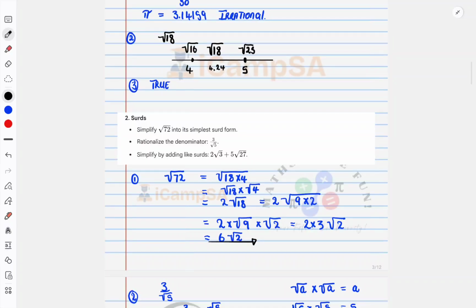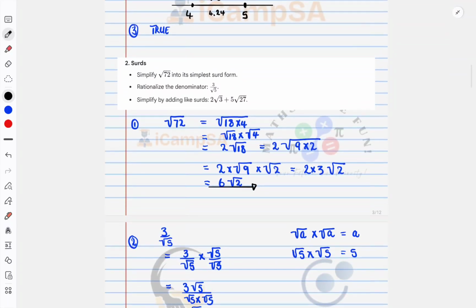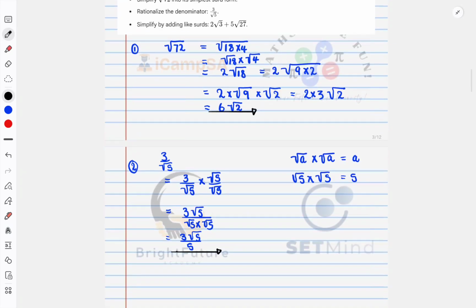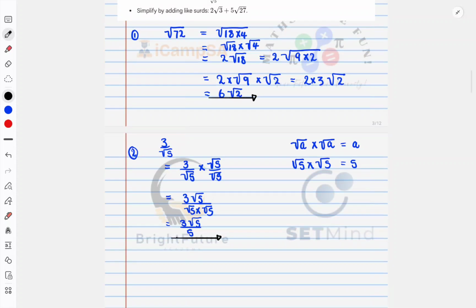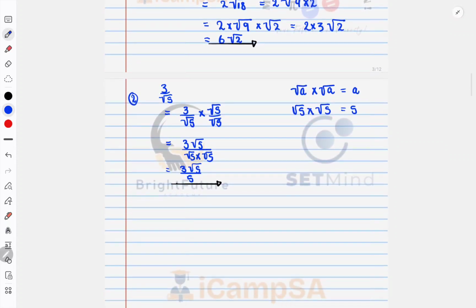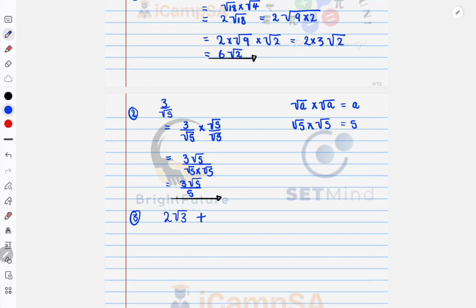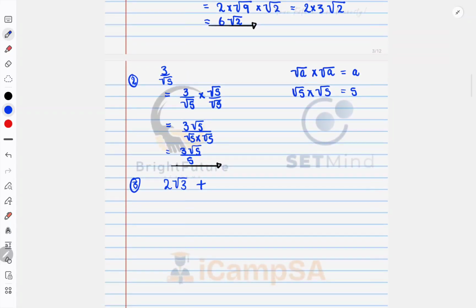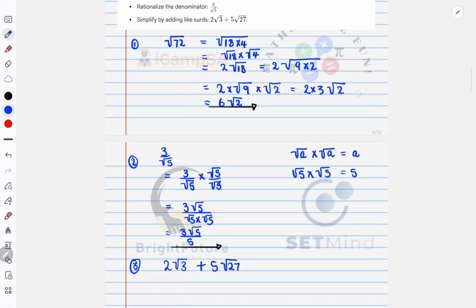Simplify by adding the like surds. We have 2 root 3 plus 5 root 27. So here for number 3, we have 2 root 3 plus 5 root 27.